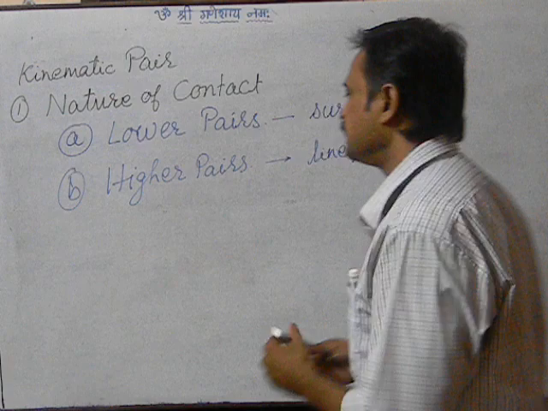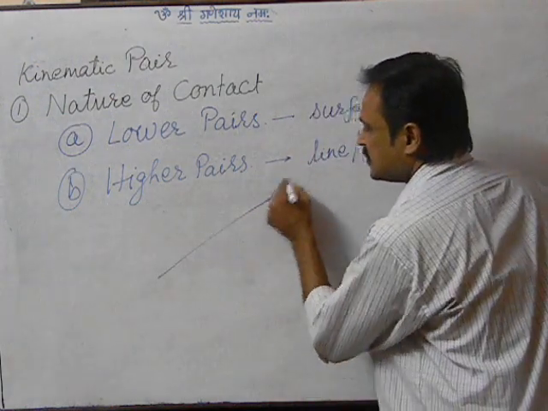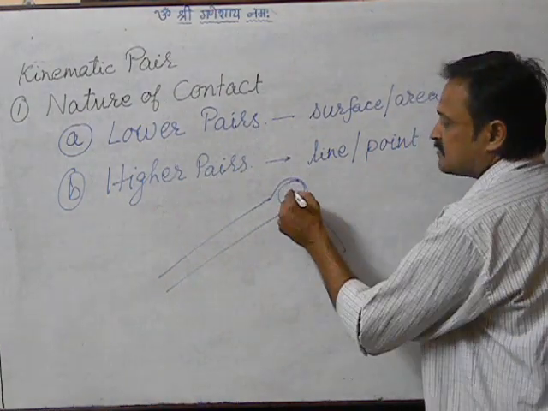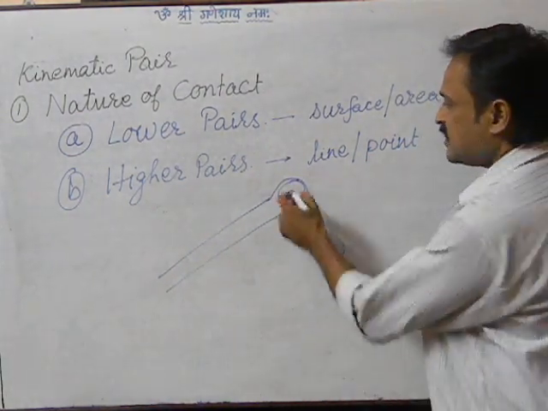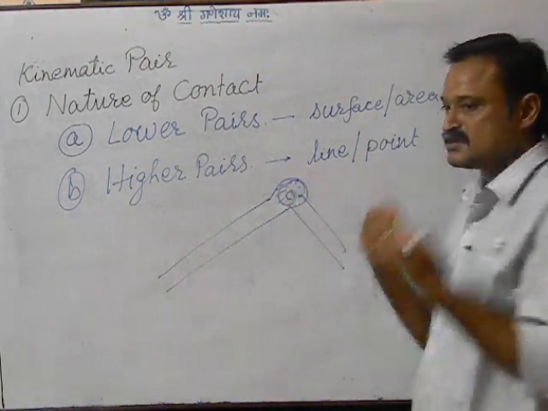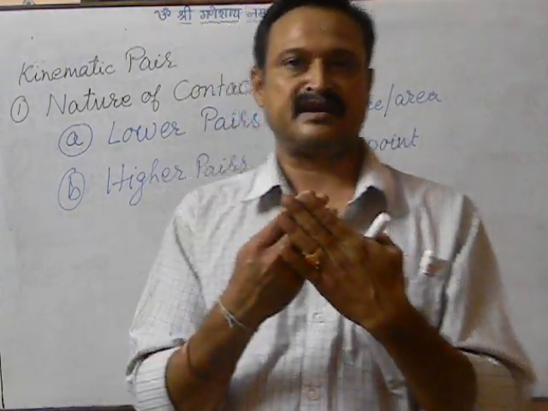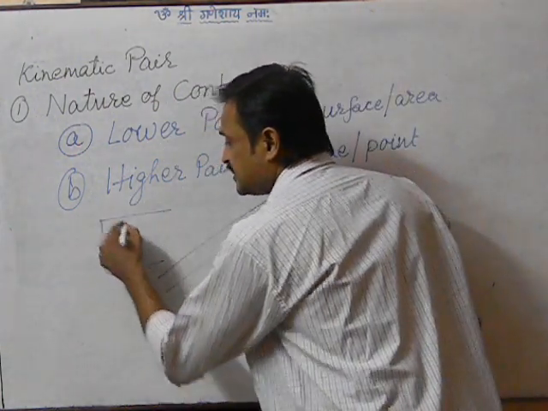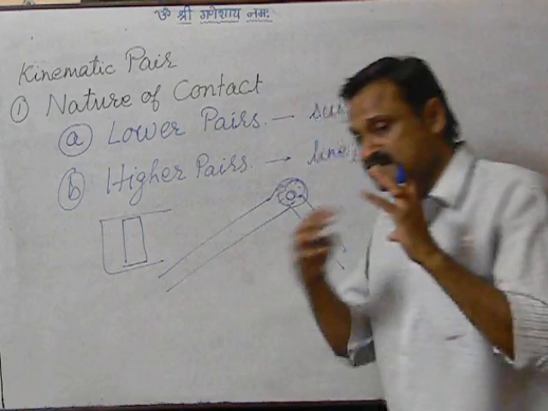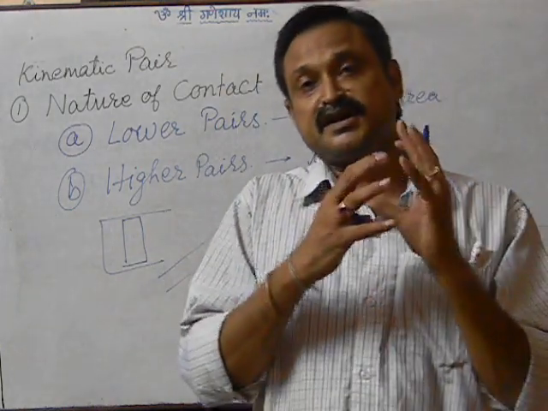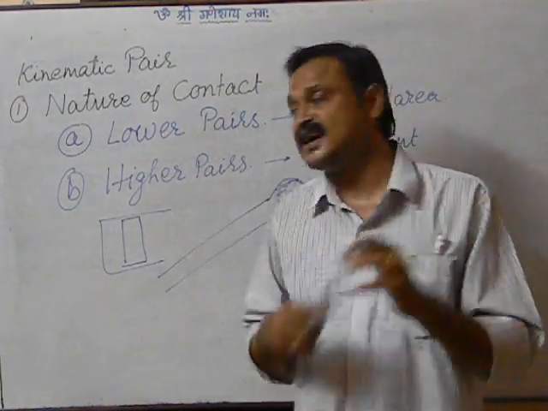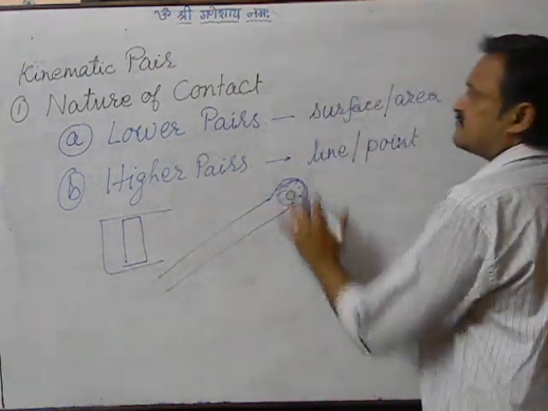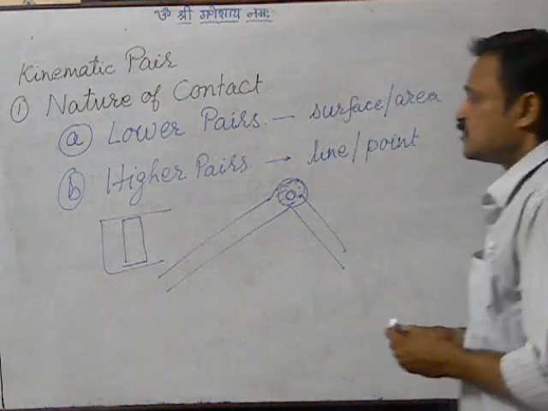Here you will see the contact is area contact, or like the example of cylinder and piston. Inside the cylinder, the piston is in contact with the cylinder through an area. So that contact is again area contact. Such pairs get into the category of lower pairs.